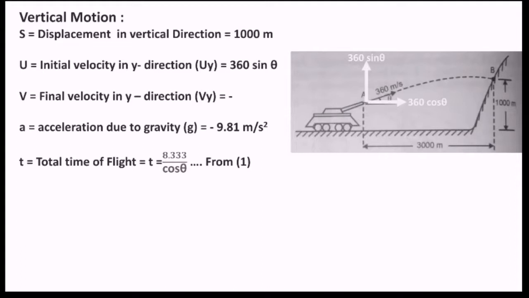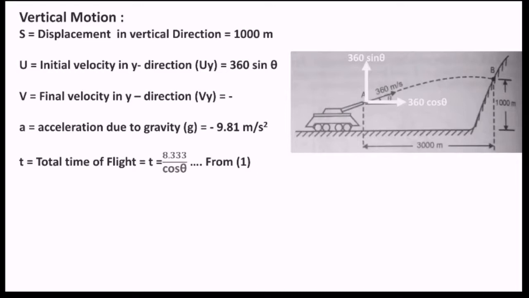U, that is initial velocity in y direction, will be the velocity at point A in y direction, so it will be 360 sin theta. Final velocity is not asked in the question, so I will not determine it. So let it be dash. A is acceleration due to gravity, which is constant, minus 9.81 meters per second square, and T is time of flight, which we have already found out previously as T is equal to 8.333 divided by cos theta.